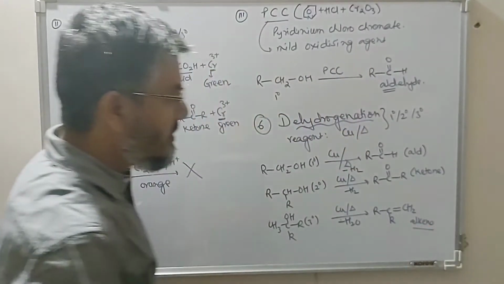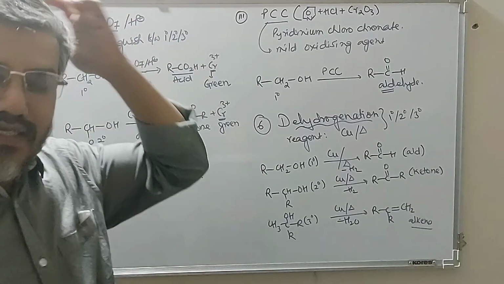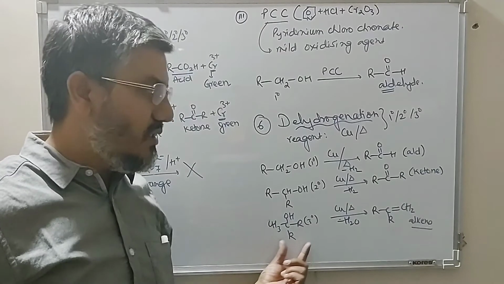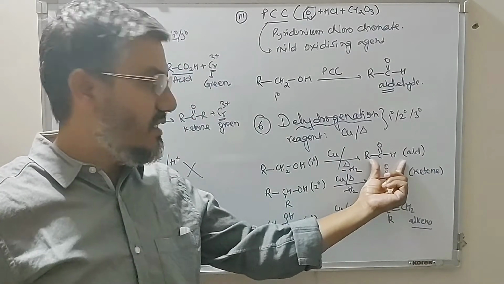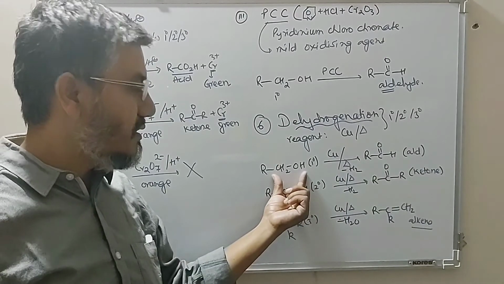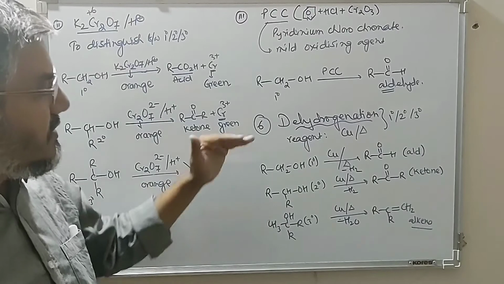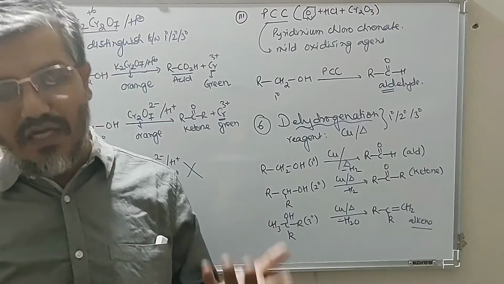Based on these products we can easily differentiate between primary, secondary and tertiary. If the product formed is alkene, tertiary. If the product is ketone, secondary. If the product is aldehyde, then this is primary alcohol.